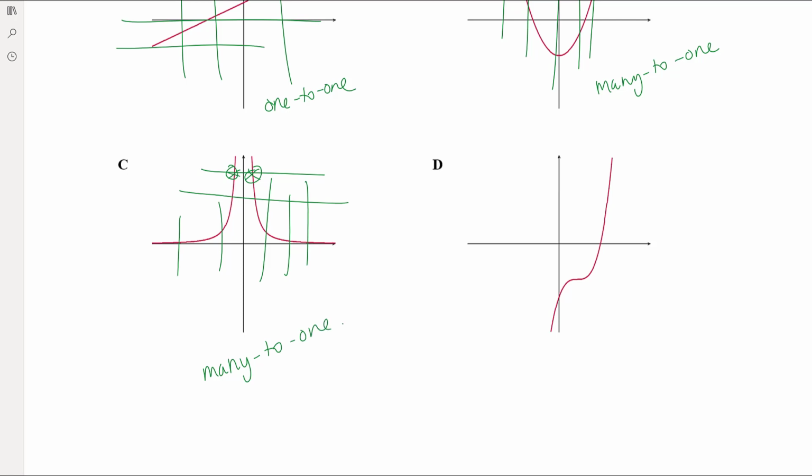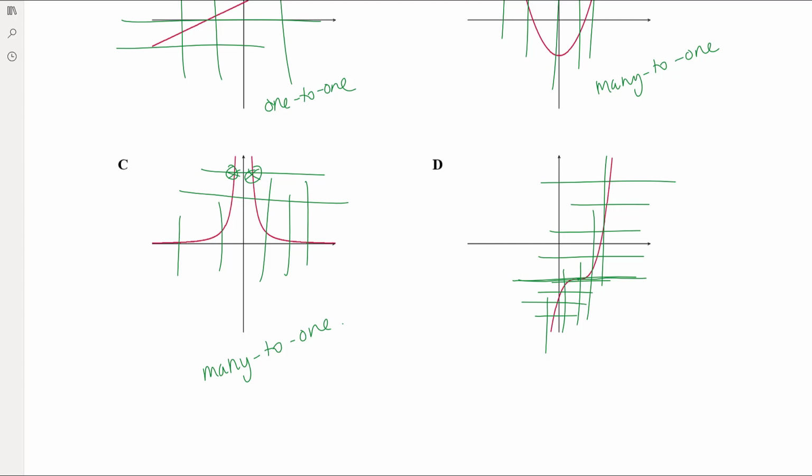This cubic with the point of inflection here, that's a function. It's also going to pass the horizontal line test. Even at that point there, we have a moment of zero gradient where the line's going to cut through the graph, but it's not a very clear graph, but the graph doesn't get completely flat for a long period there. It's just flat at that one instant.